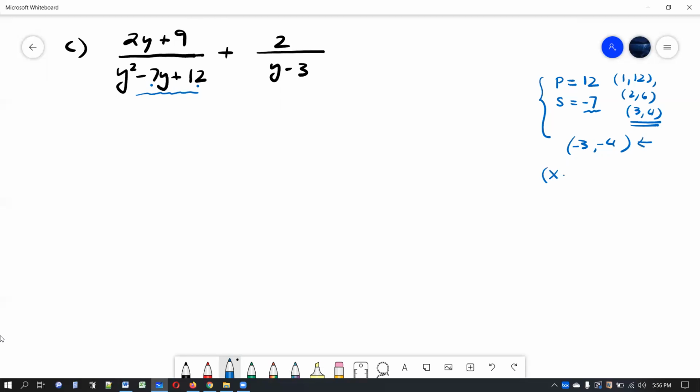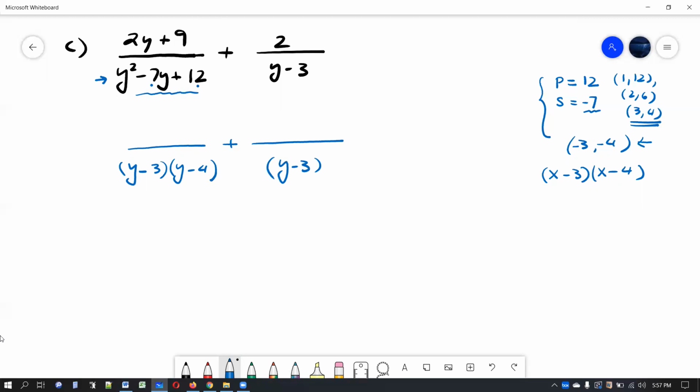I will write my factored expression this way. So this is going to replace that. And by the way, notice that it's not x, it's y, right? So be very careful. So y - 3, y - 4, y - 3, copy the numerator as it is.